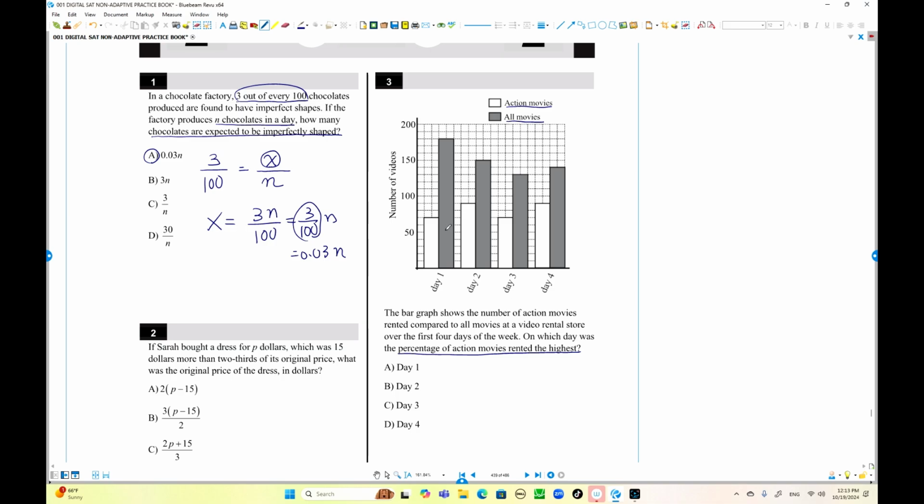When you compare day 1 and day 3, same number of action books compared to total books, so this is low, right? So day 1 is out. Compare day 2 and day 4. Same action books, but this is lower, right? This is no good. Now compare these two.